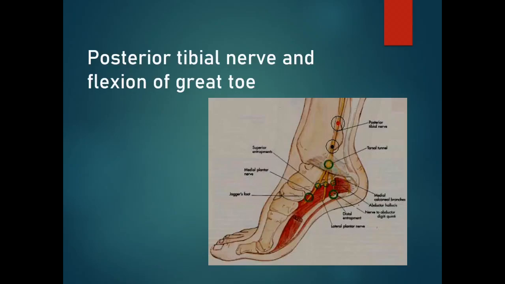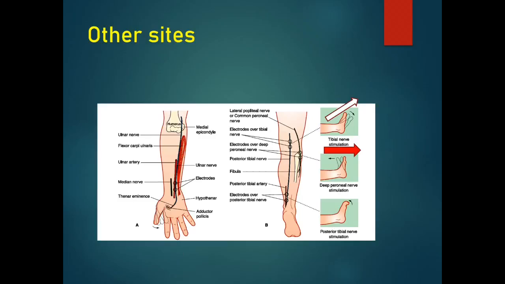If you don't have access to the upper part of the body, then another one available is the posterior tibial nerve, where you observe for the flexion of the great toe. Other than these, there are other sites that can be utilized, mainly the deep peroneal nerve and the tibial nerve stimulation.